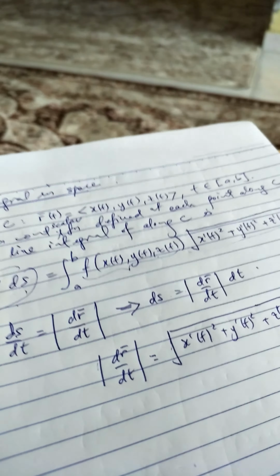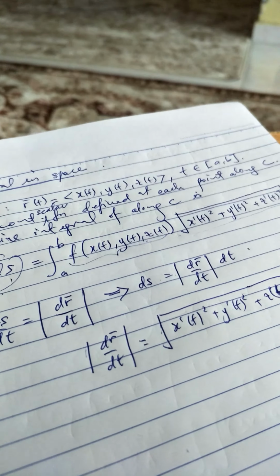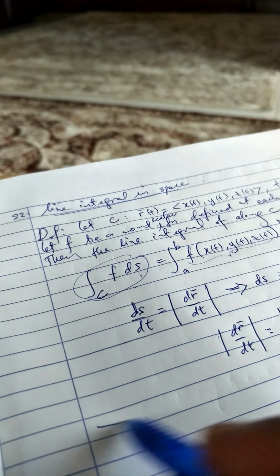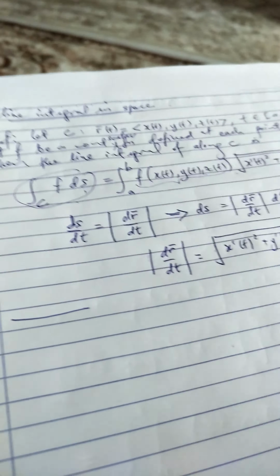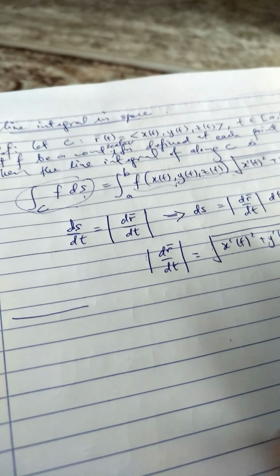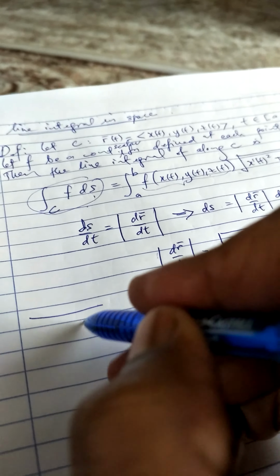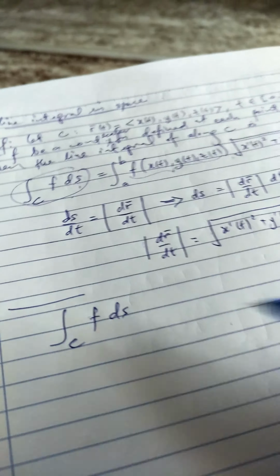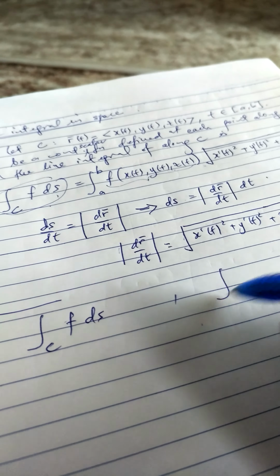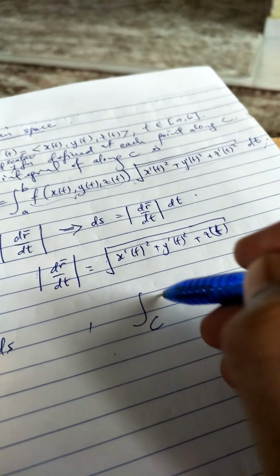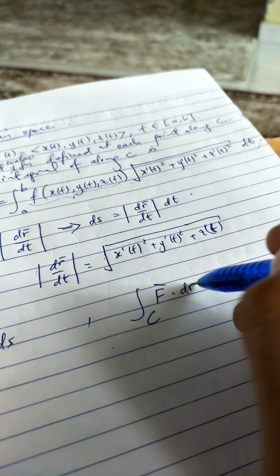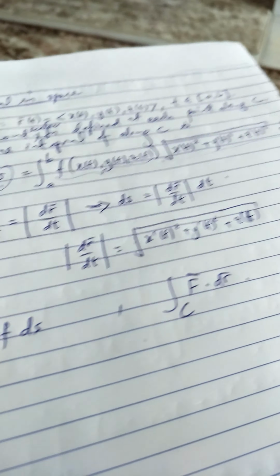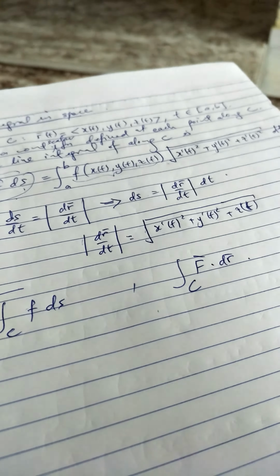Now before I go to the example, let me explain to you what is the difference between this case, where we integrate over C of f ds, and the previous one, where we integrate over C f dot dr. Are they the same?